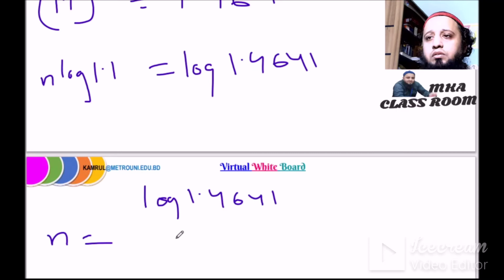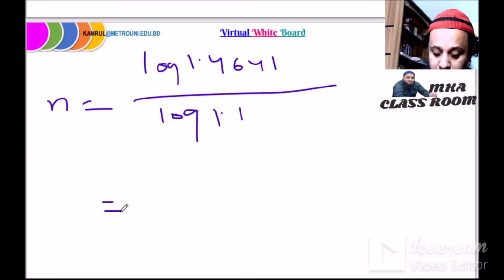Then if we enter this value in our calculator, log 1.4641 divided by log 1.1, that shows 4. So that is our desired result, 4 years.